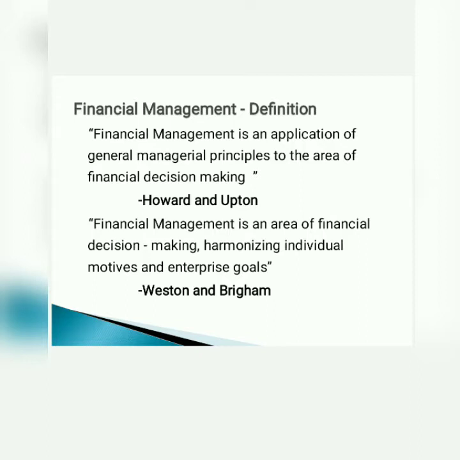Here, you can remember Henry Fayol's 14 principles. Out of those principles, one principle is subordination of individual interest to the organizational interest. That similarity, the resemblance, has been produced here by Weston and Brigham. What it is?